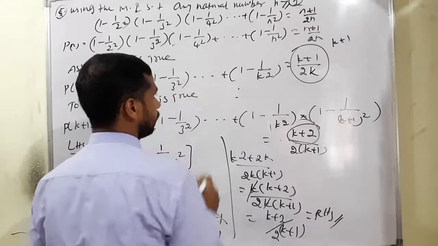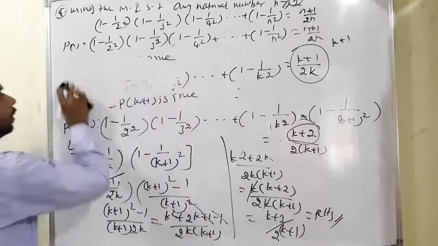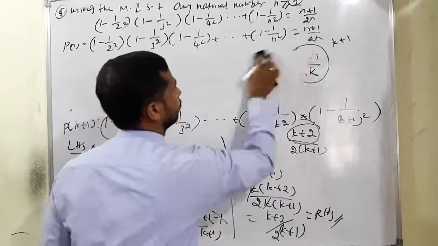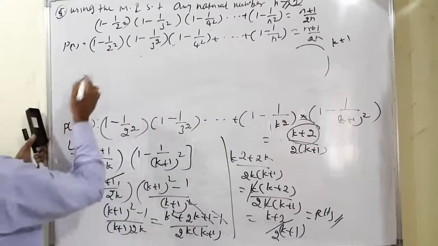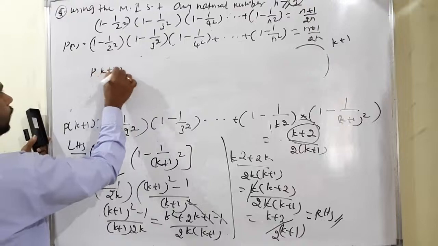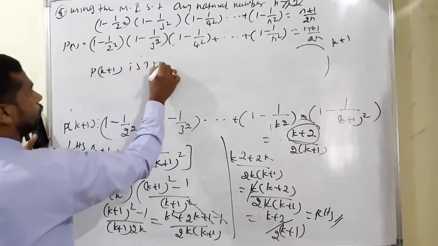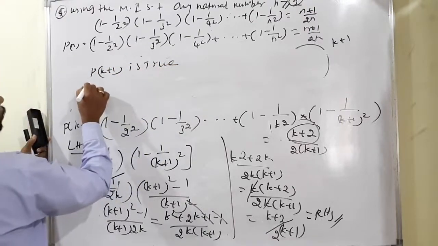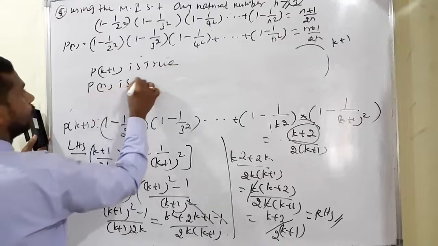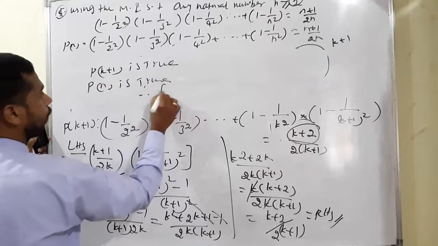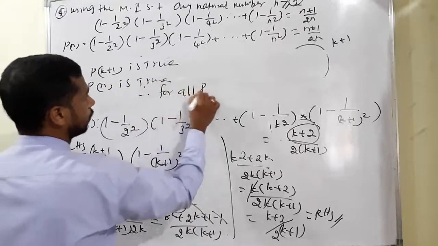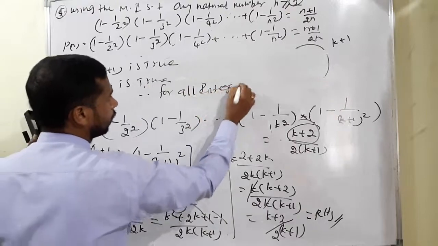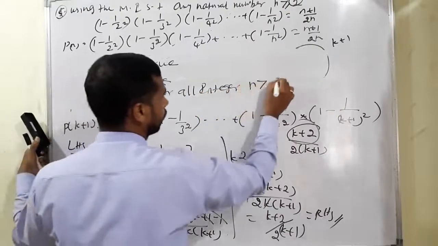Therefore we can say P of k+1 is true. P of k+1 is true means P of n is true. Therefore for all integers n greater than or equal to 2, it is true.